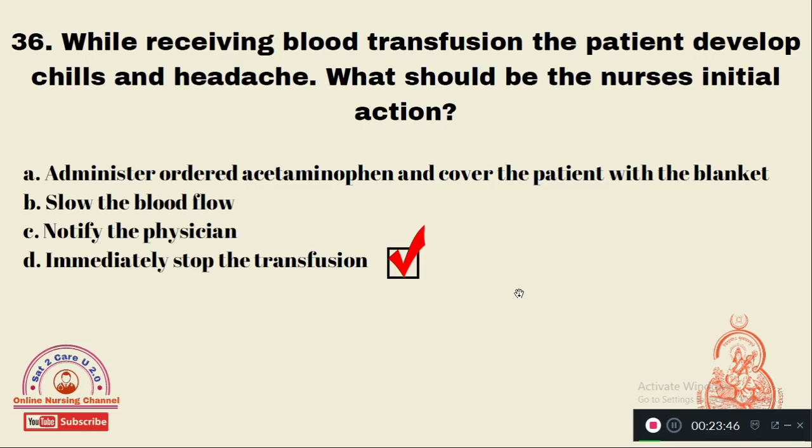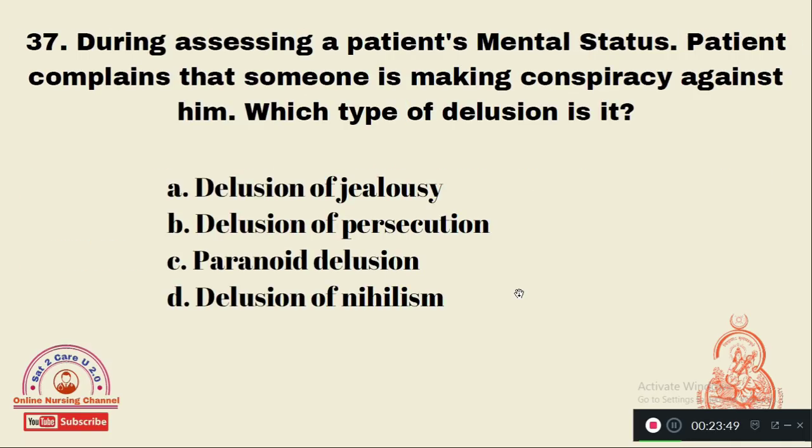Question number 37. While assessing a patient's mental status, the patient complains that someone is making a conspiracy against him. Which type of delusion is it? Option A, delusion of jealousy, B, delusion of persecution, C, paranoid delusion, and D, delusion of nihilism.